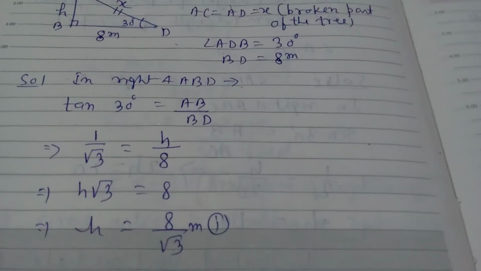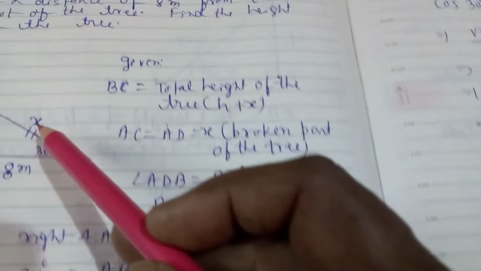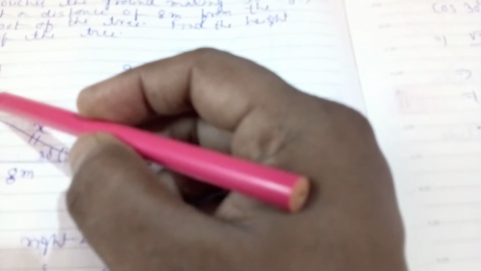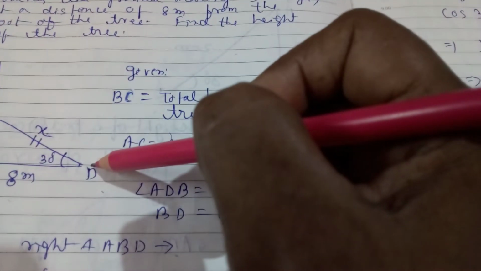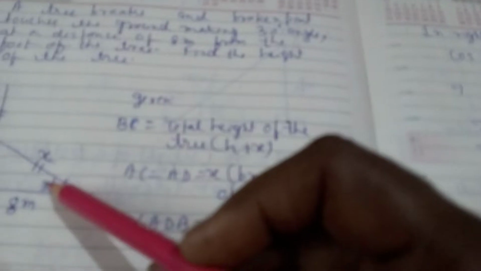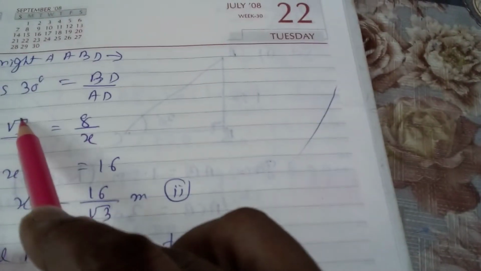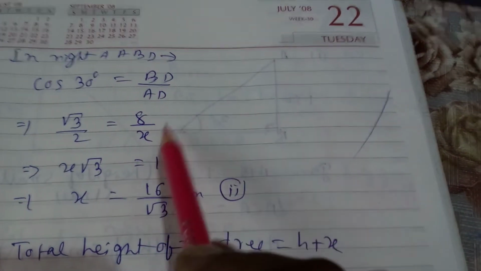Okay. And now you have to take out the value of X, because H plus X equal to the total height of the tree. This X, because AC equal to AD, is the broken part of the tree. Now in right triangle ABD, cos 30 degrees equal to BD by AD.